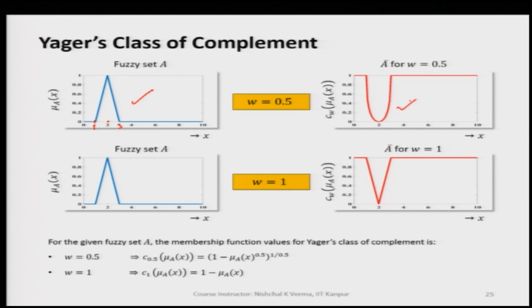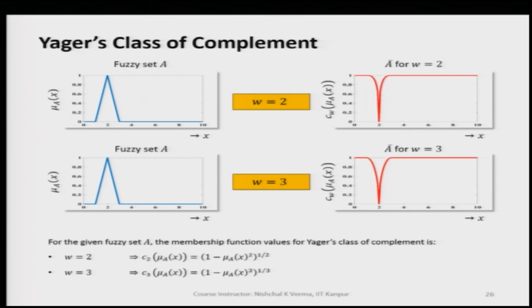Similarly, when we take W is equal to 1, we get completely inverted fuzzy set, inverted of the original fuzzy set, and as I have already discussed, W is equal to 1 for Jaeger's class of complement is going to give us the basic complement. So, this is a basic complement of a fuzzy set that we have taken as A.